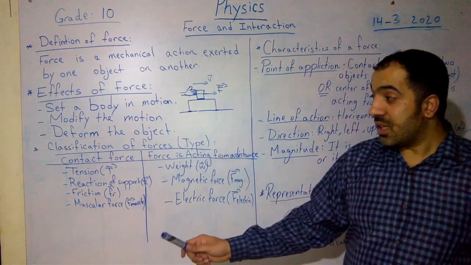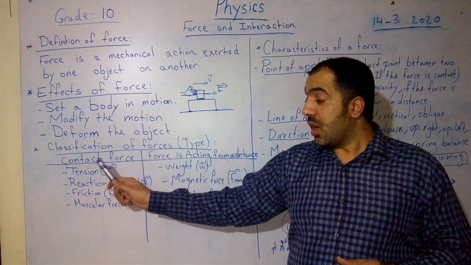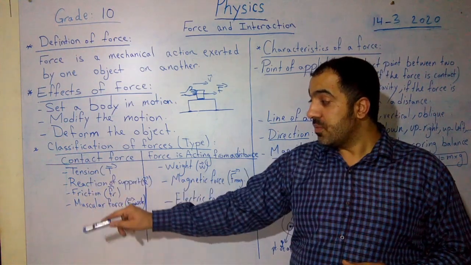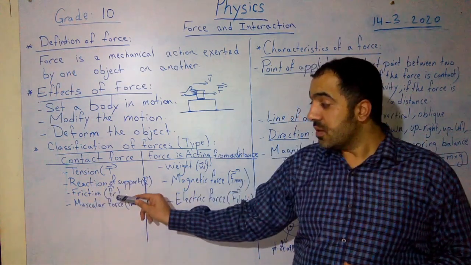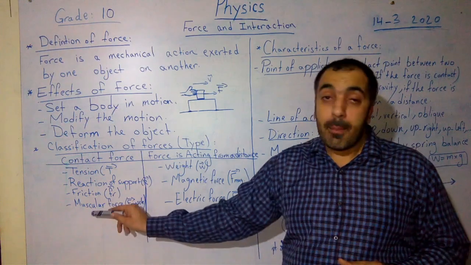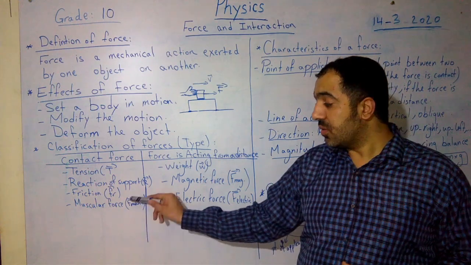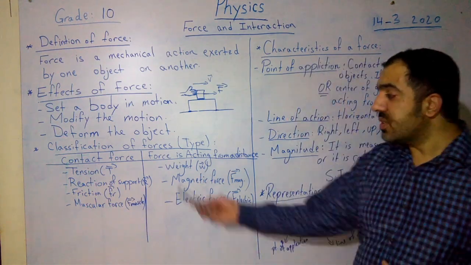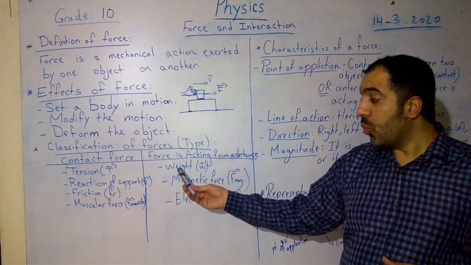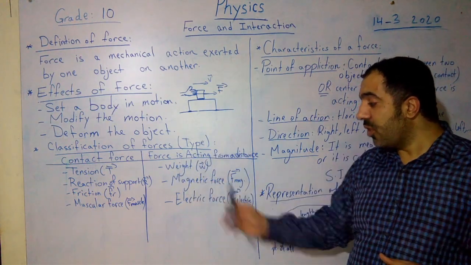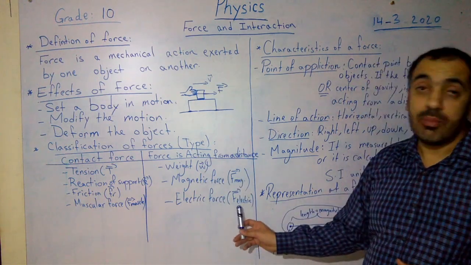The contact forces are tension, reaction of support R, friction, the symbol Fr, and muscular force, the symbol F muscular vector. The forces that act from a distance are weight, magnetic force, symbol F magnet, and electric force, symbol F electric.